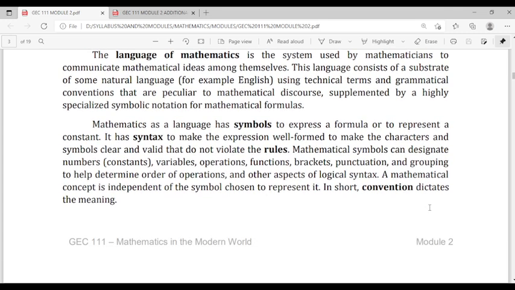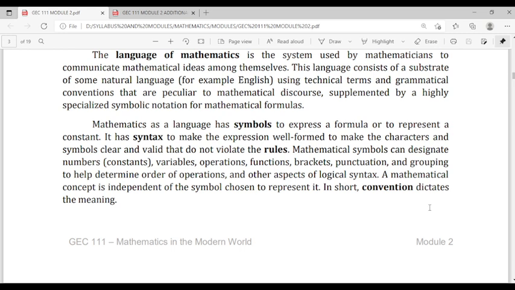Mathematics as a language has symbols to express a formula or to present a constant. It has a syntax to make the expression well-formed, to make the characters and symbols clear and valid that do not violate the rules. So we have numbers, variables, operations, functions, brackets, punctuations, grouping.